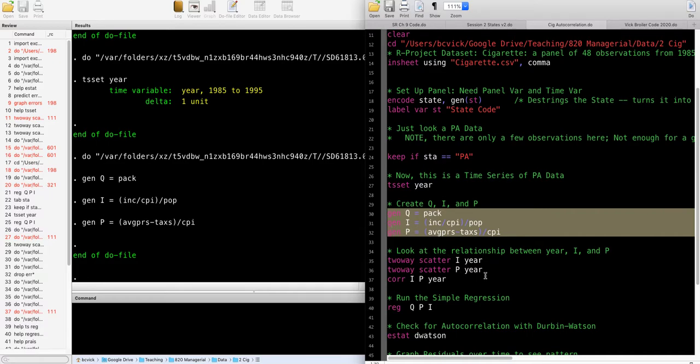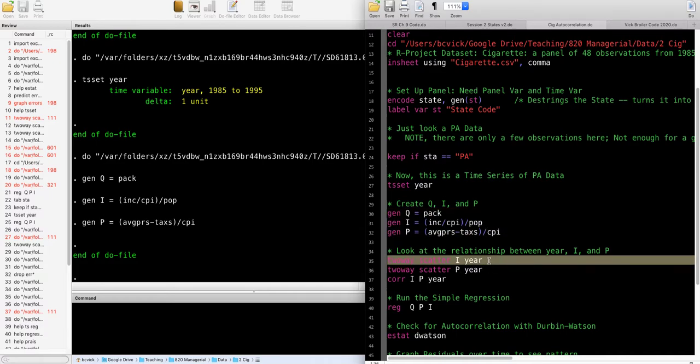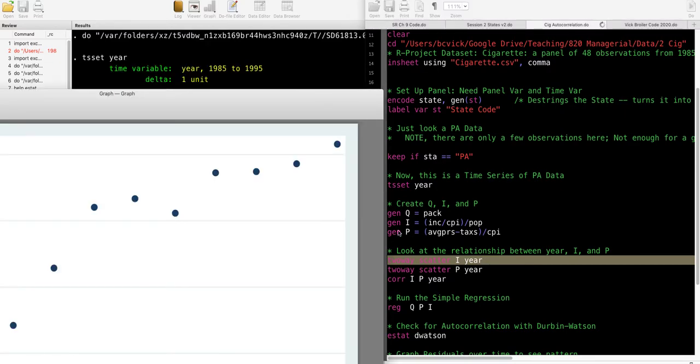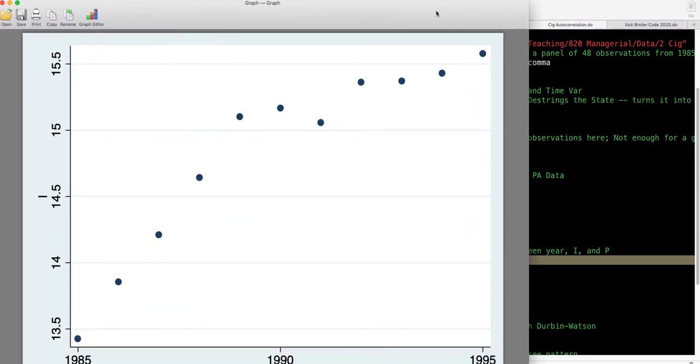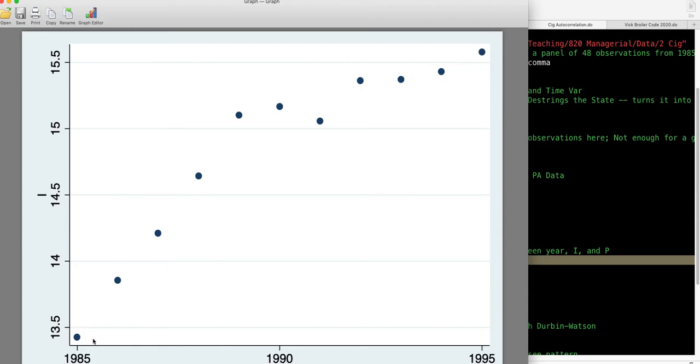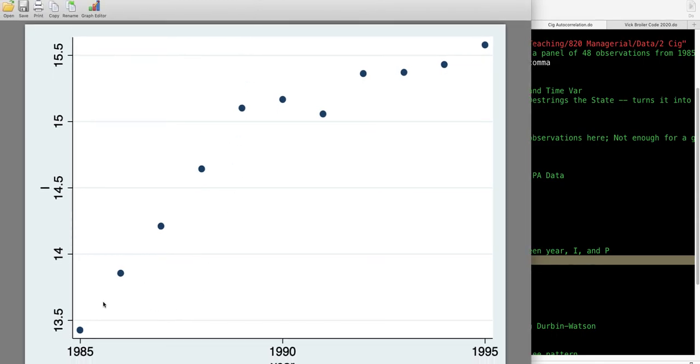Now, what's going on here? Well, let's look at a couple things. You see that income is going up over the years. So you see that year is here on the bottom, 85 to 95, and incomes are steadily rising. That's an indicator that time is influencing income.